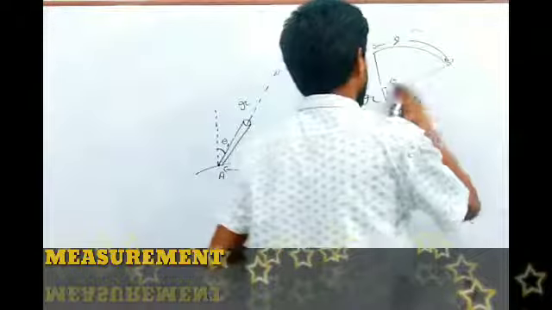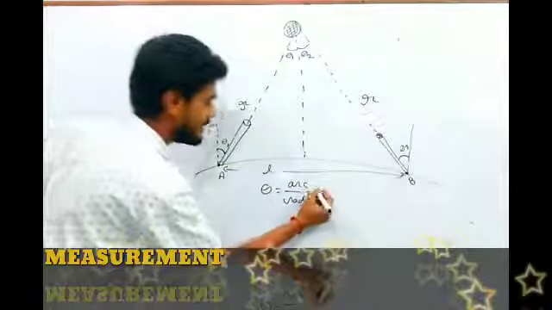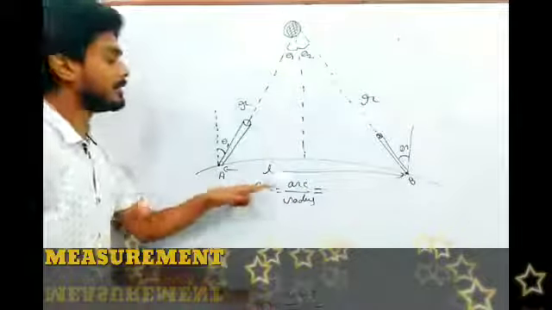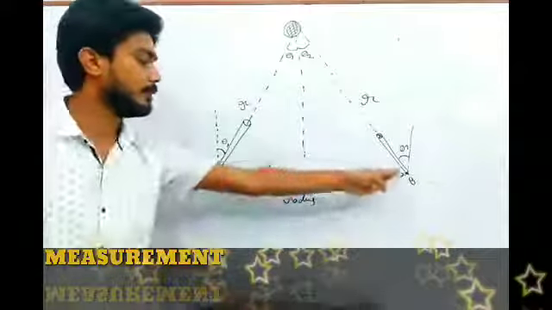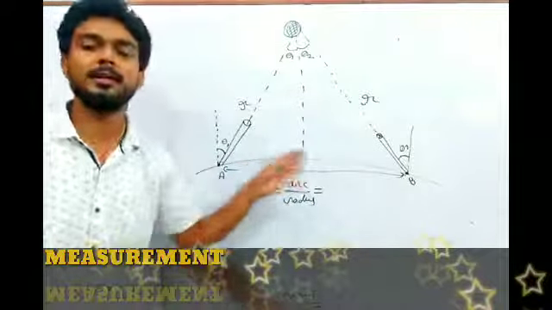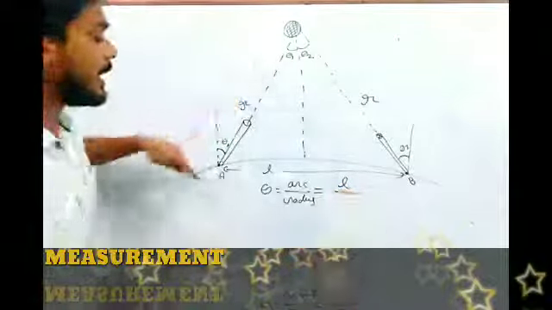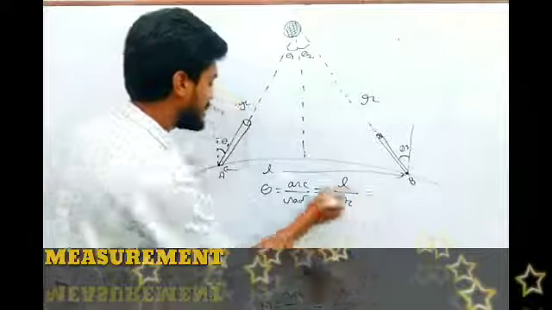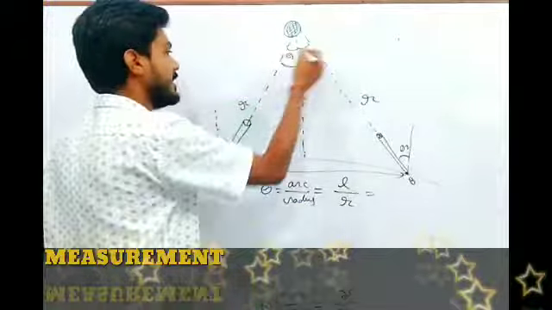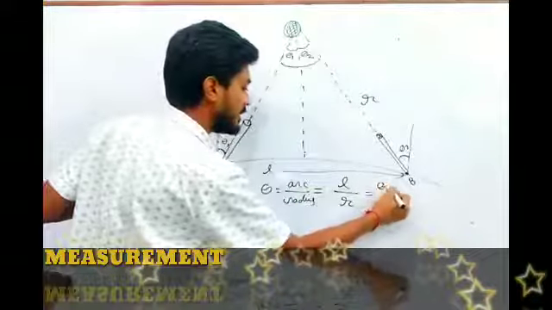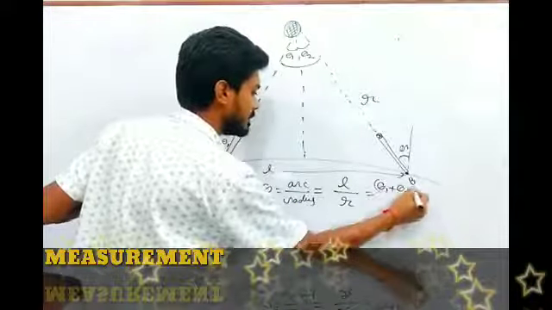Then see, arc upon radius. Here the arc is L, which is a measurable quantity. You can easily measure it on the earth. Radius is r, and this angle theta is equal to theta 1 plus theta 2.